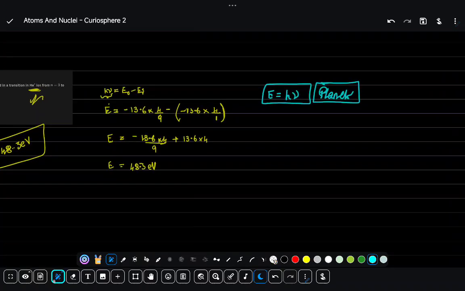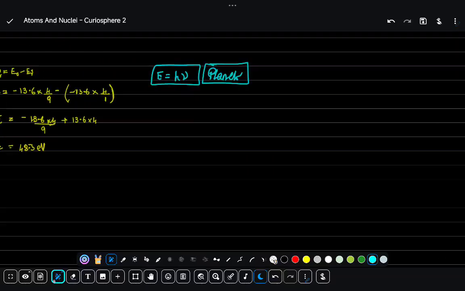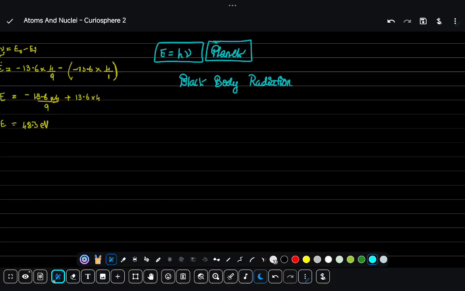Okay, so it started with the black body radiation, right? So what is a black body?